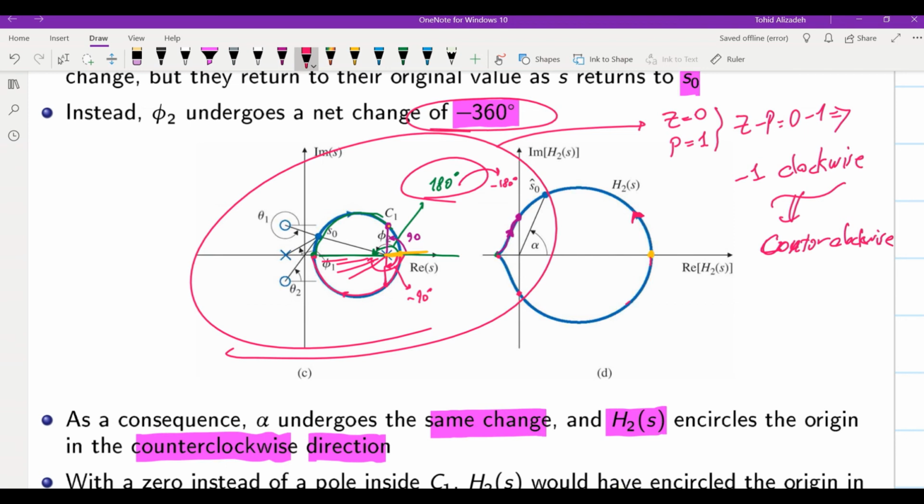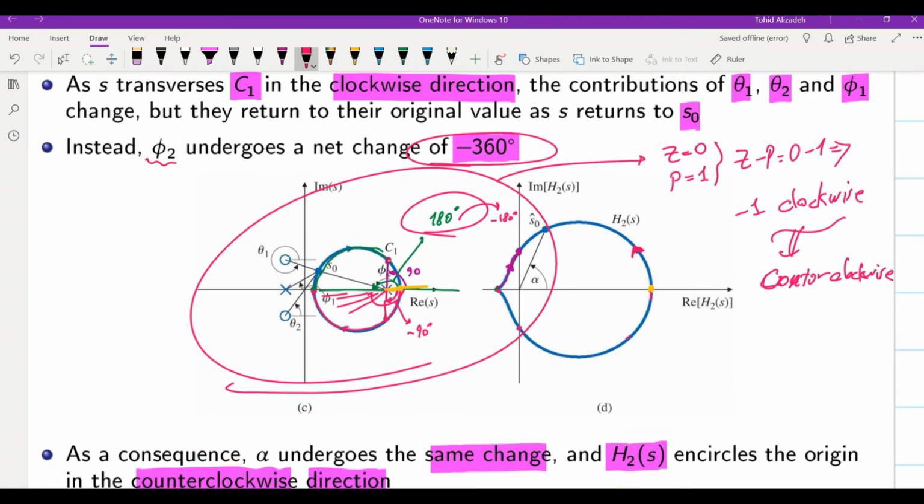Okay, so basically what I was explaining in terms of the changes that we had for phi 2 was from plus 180 to minus 180. But in terms of the mapping of H2 here, we have the counterclockwise movement.